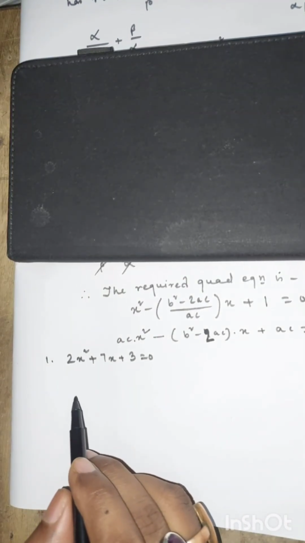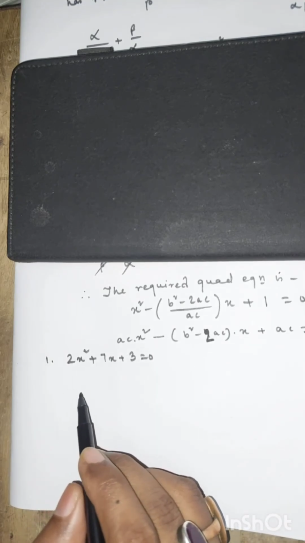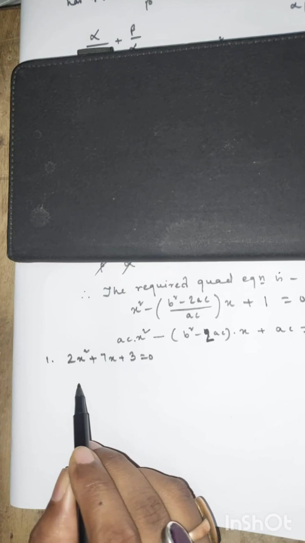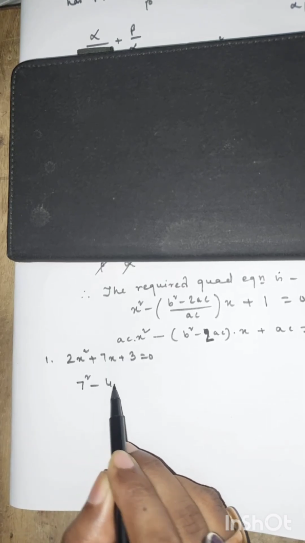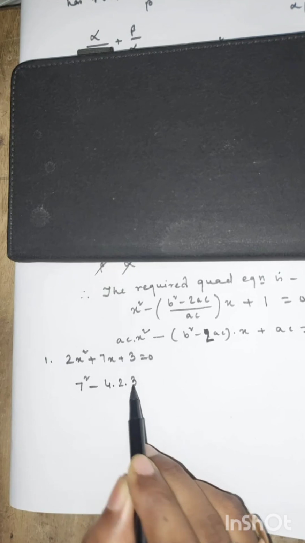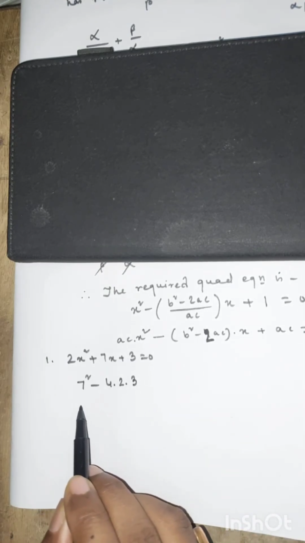So to find out the nature of roots, we should find the value of b square minus 4ac.